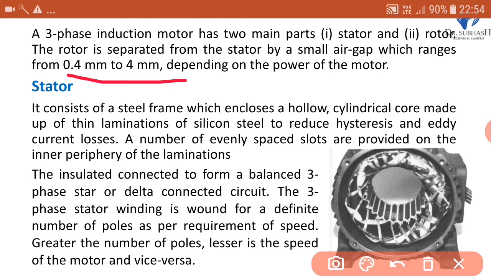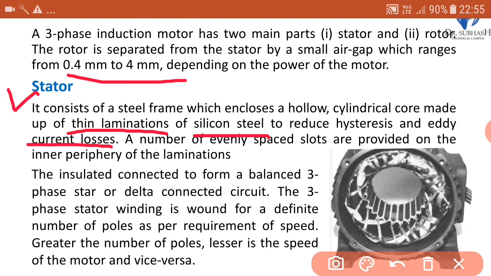Now we will talk about the stator. In this figure we can see the construction of a stator. As its name suggests, it is a stationary part, so there is no moving part. It consists of a steel frame which encloses a hollow cylindrical core made up of thin laminations of silicon steel to reduce hysteresis and eddy current losses.